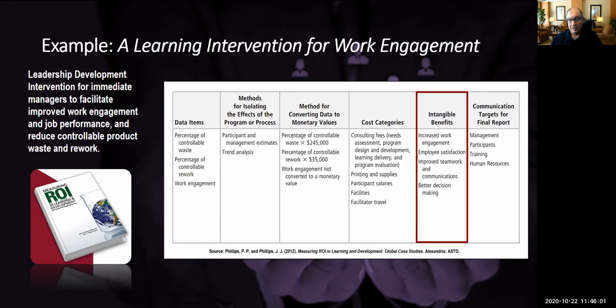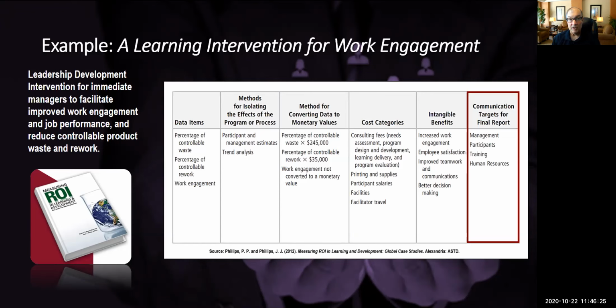All right. So employee satisfaction, improved teamwork and communications, better decision-making actually came out of that. And I'm only including communication targets for the final report in this version because we didn't have other comments. Here, management, participants, training department, and human resources were the primary targets.